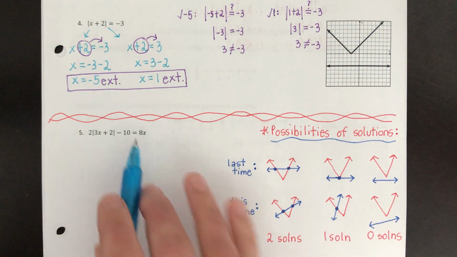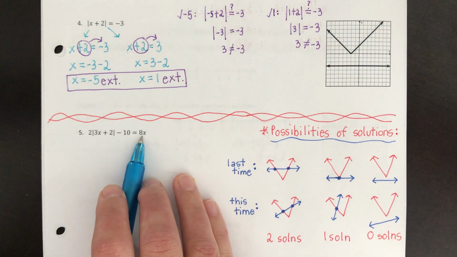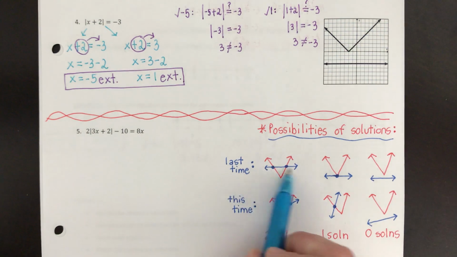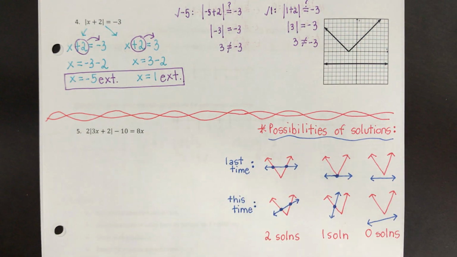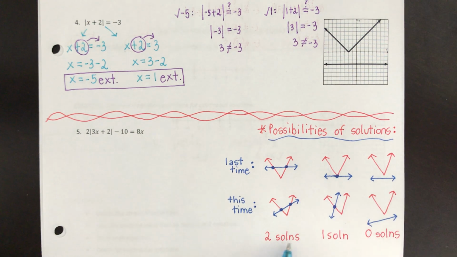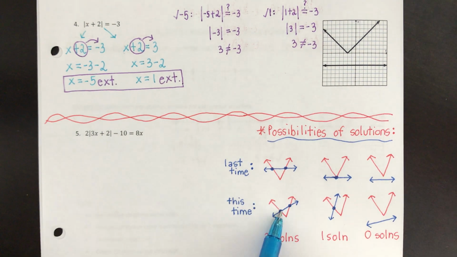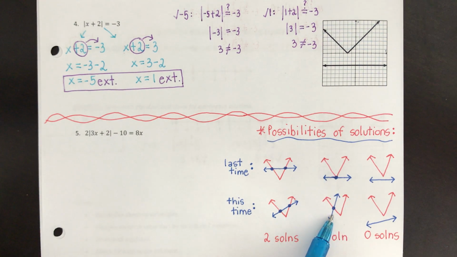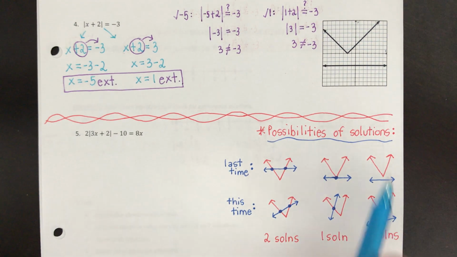And this time, of course, with this term that has a variable, we'll be dealing with lines that have either a positive or a negative slope, not a zero slope like last time. So these are possibilities for how it might look to have 2 solutions with both types, how it might look to have 1 solution of both types of equations, how it might look to have no solutions looking at both types of absolute value equations.